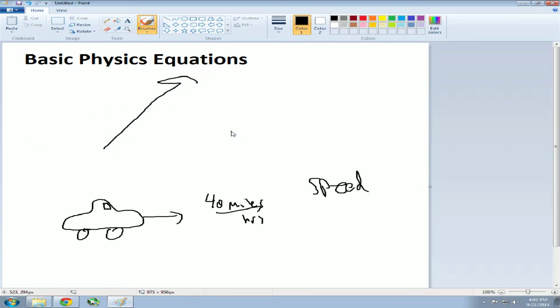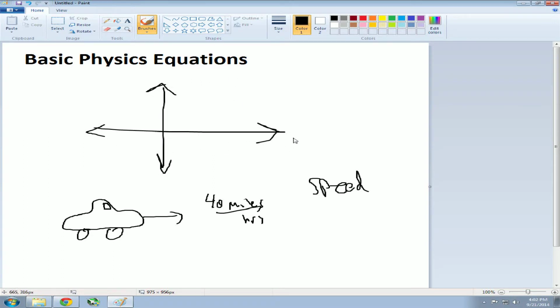So if you look at a graph, hours and miles, that means 40, 80, etc. Every hour it moved 40 miles. So let's say a car is moving 40 miles per hour, how far would it go in 6 hours?